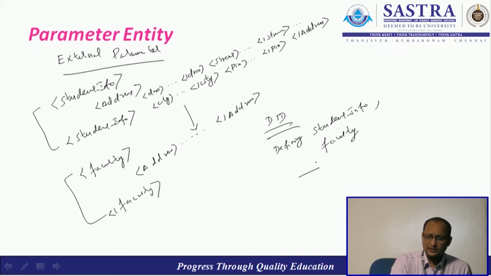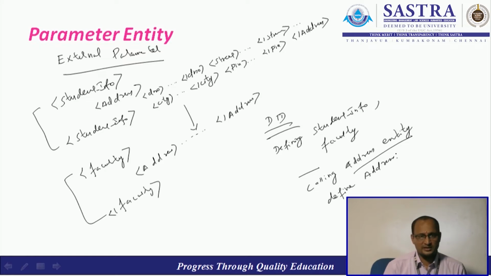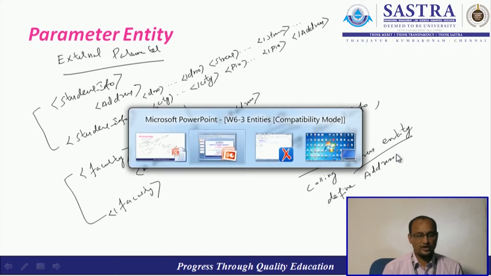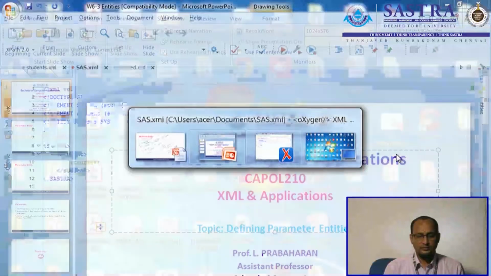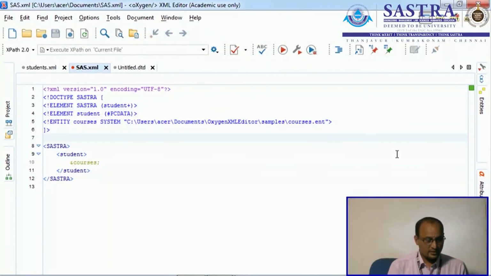After that, I am calling the address entity, the address parameter entity, to define address. So wherever I have address, there I am including the entity reference, which I am going to show you in the demonstration. I am creating a new document.